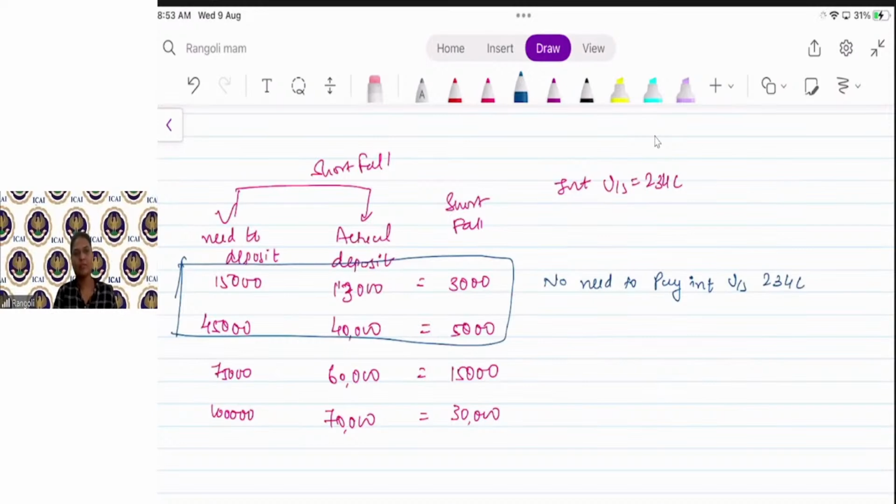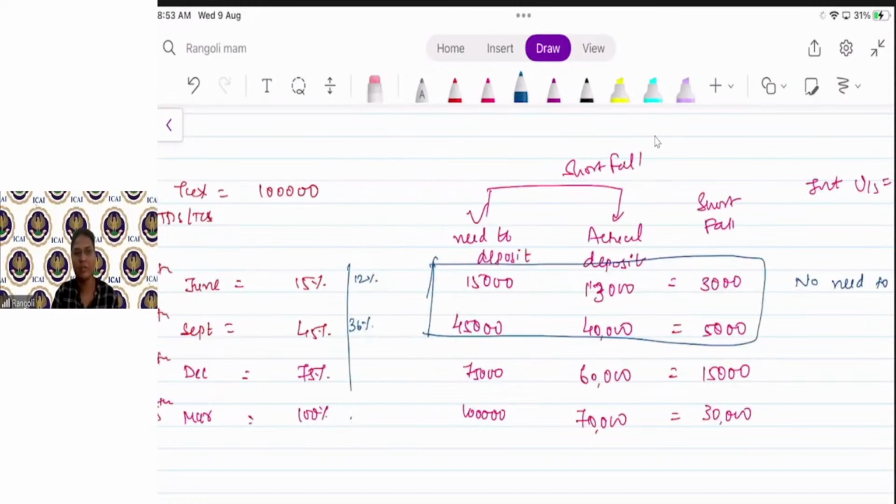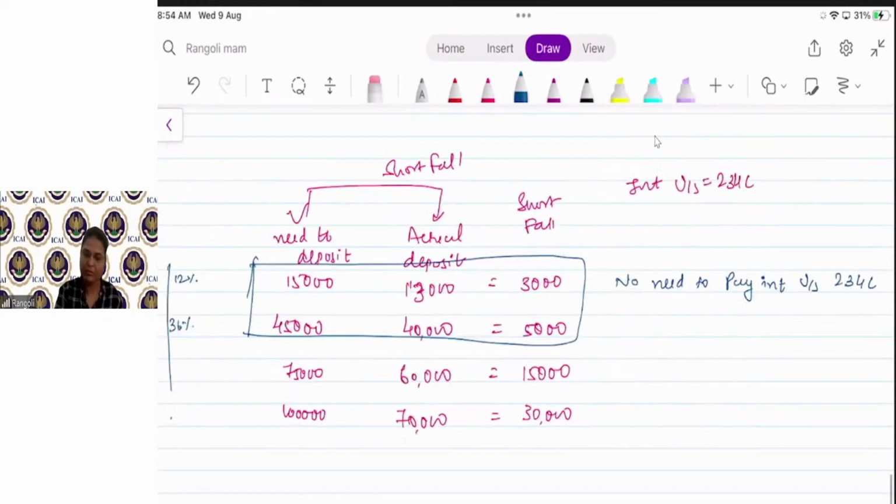For second quarter also, instead of paying 45%, if you have deposited 36%, then also no need to pay interest under section 234C for second quarter. So now here, what is 36% of 1 lakh? It is 36,000. I have already deposited more than 36,000 rupees. That is 40,000, right? So in here also, no need to pay interest under section 234C.